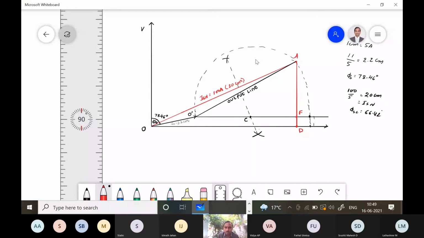Yes, sir. Okay. So now measure this AD line. So that will be called as the power scale. So measure the AD line. What is the centimeter of AD? How much did you get?